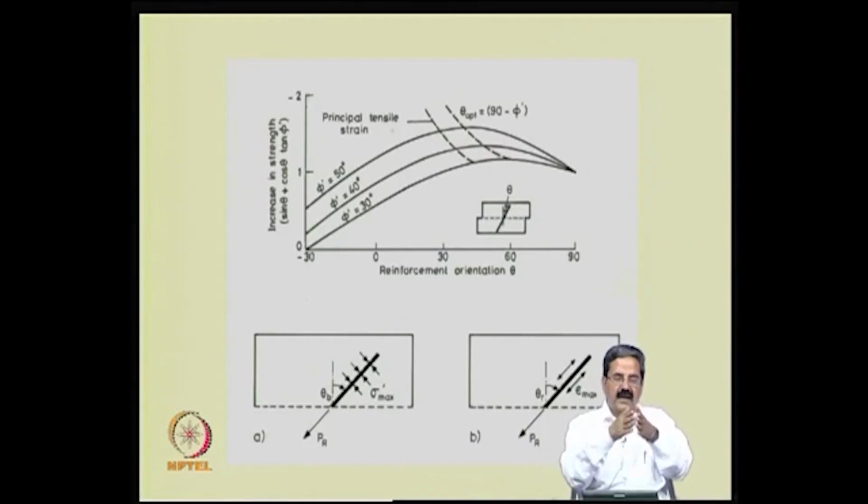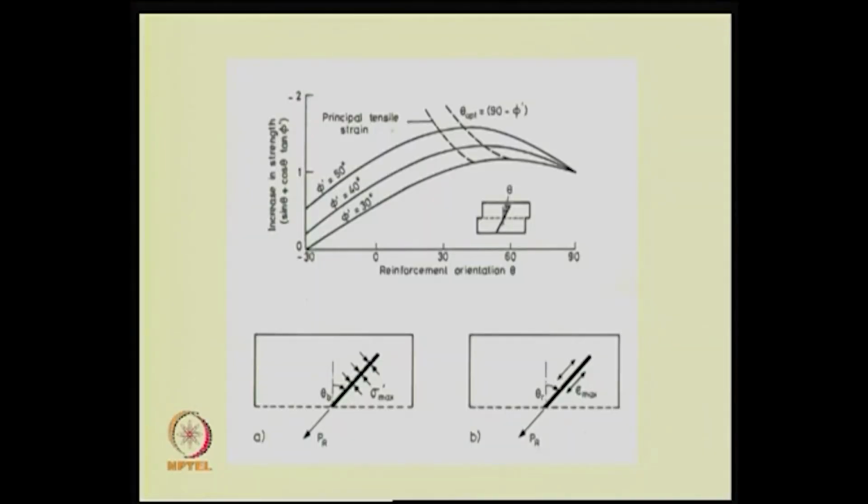So, you take the case of a bearing capacity application, the failure surfaces develop like this, and if you put a reinforcement, this particular angle is about 30 to 40 degrees in the case of bearing capacity. Even in slopes it is roughly the same, and you can see that between 30 to 60 degrees it is a little flat, is it not?